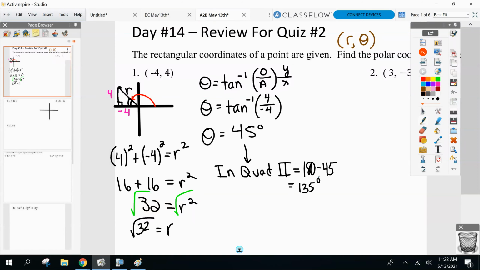We just described your final answer in polar has to be in radians. So I take 135. What do I multiply by to get it into radians? Pi over 180. I'm going to leave the pi in my answer and just go to my calculator and do 135 over 180 and see what the reduced fraction is.